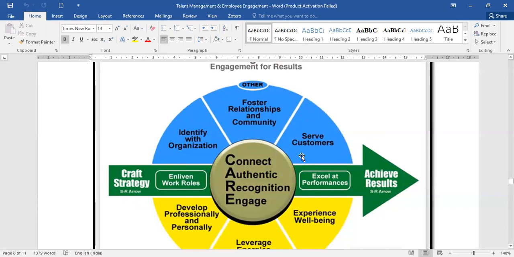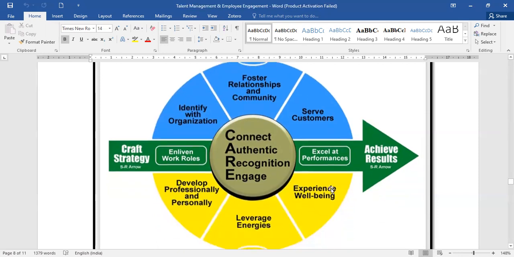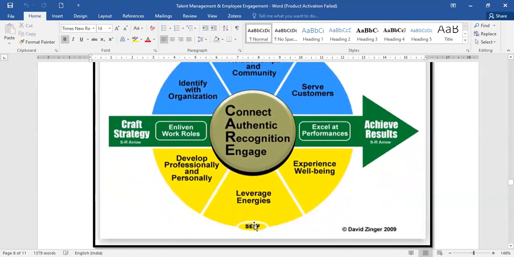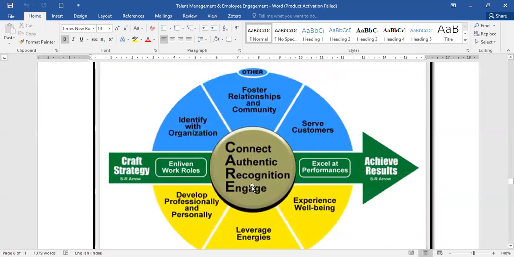We have serving the customers, fostering the relationship into other areas, identifying the organization experience, with respect to the other factors, and with respect to the self, that is to leverage the energies to develop professionally and personally. So now let's understand these roles very well.